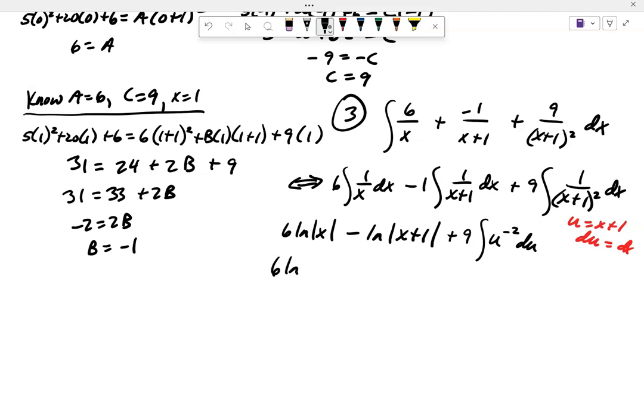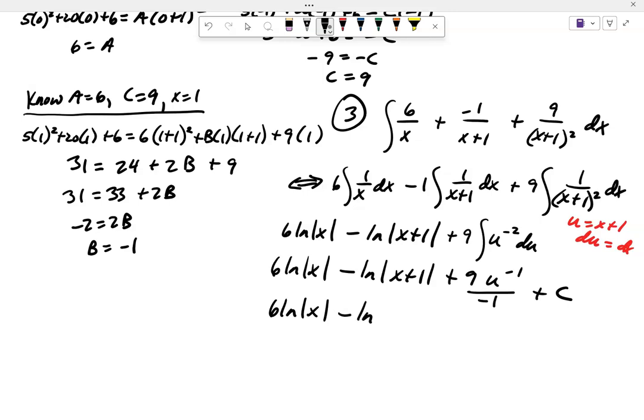So I got 6 natural log of x minus the natural log of x plus 1 plus 9. Now it's u to the negative 1 over negative 1. Make sure you replace u, of course. So minus 9 over u. Well, our u is x plus 1.